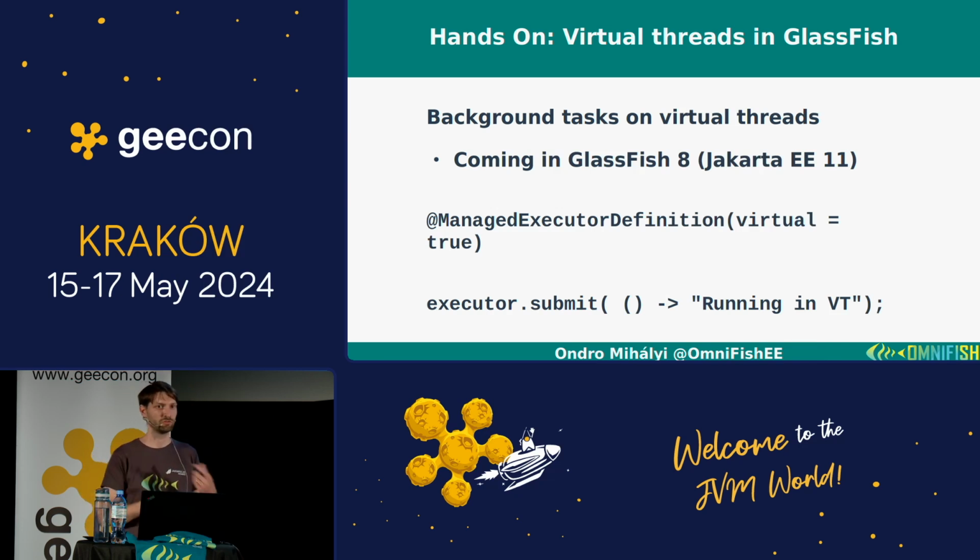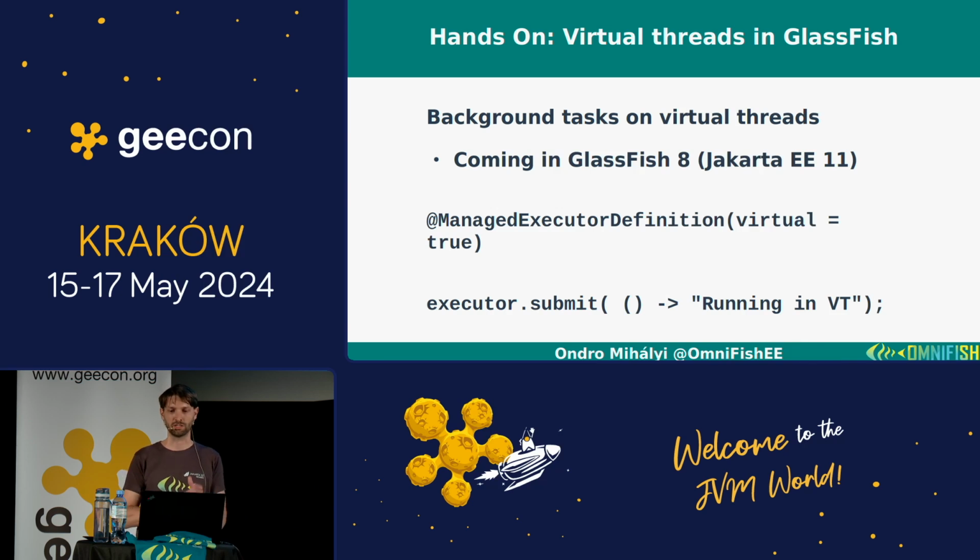You don't need to start anything or configure anything. It will just be capable of injecting things. It has a notion of the JNDI tree, so you can write full Jakarta EE code in this new thread. You create it with the executor, you submit some task, and it runs on a thread that is created by the server. But this has always been a traditional thread, and there was always a thread pool behind it.